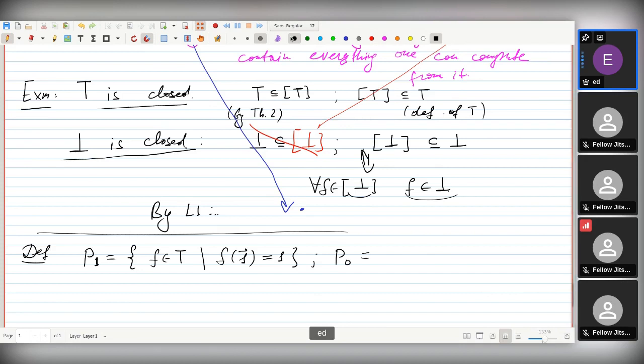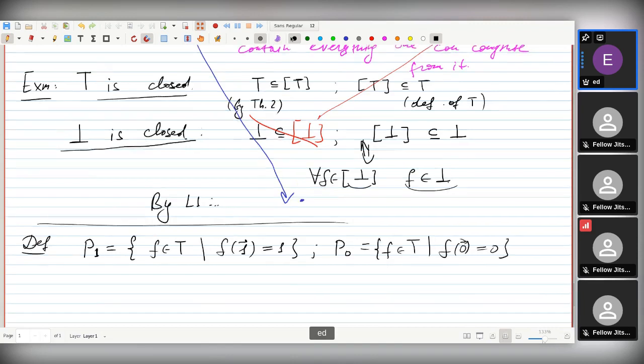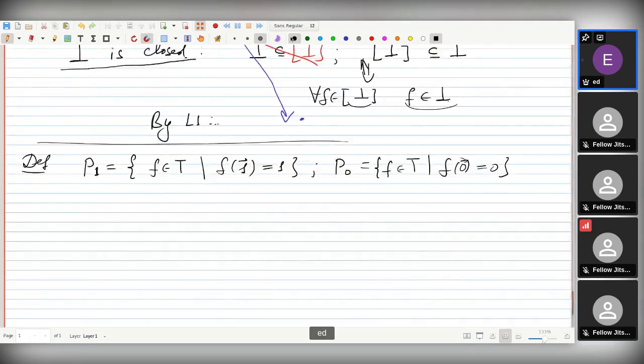And similarly, P0 is the set of functions that preserve 0. If given all zeros, these functions return 0. Let us see some examples and then explore these two sets, or as they say in this area, classes of Boolean functions. We already know that conjunction, disjunction, and implication all preserve 1. Is it clear?